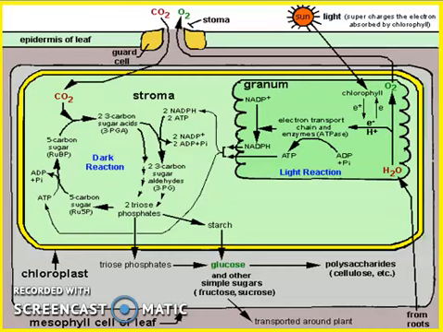Thus, the radiant energy, light, is used to produce metabolic energy, that is in the form of ATP and NADPH.